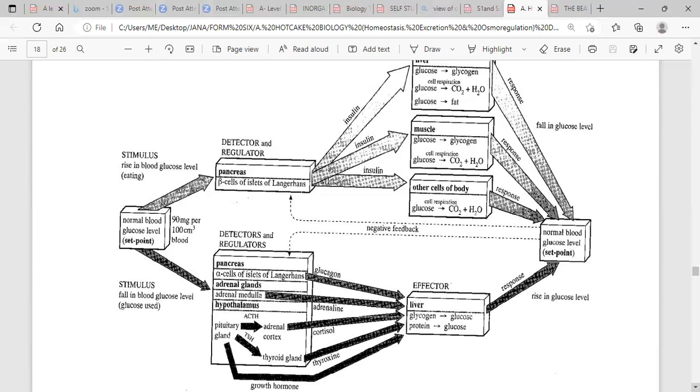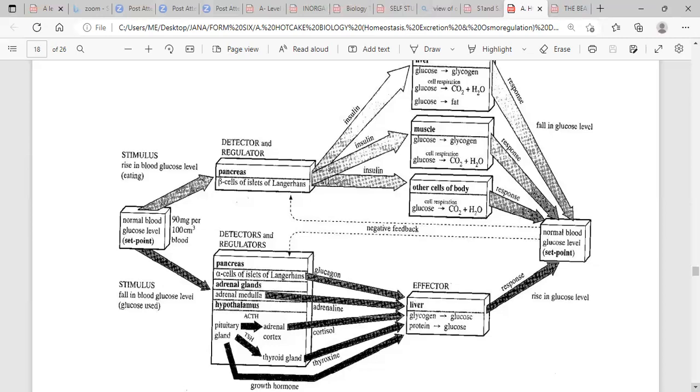It goes to the pancreas, those are the B cells, bringing about insulin that will bring about all those conversions from glucose to glycogen, increased cellular respiration, glucose to fat, that is within the liver, then in the muscles, glucose to glycogen, increased cellular respiration, and in other cells, you have increased cellular respiration. So all that brings about a response which is falling glucose and restores it to the normal levels or the set point.